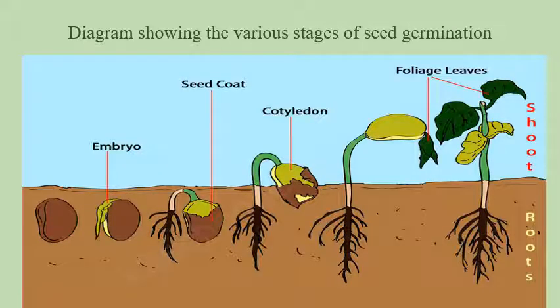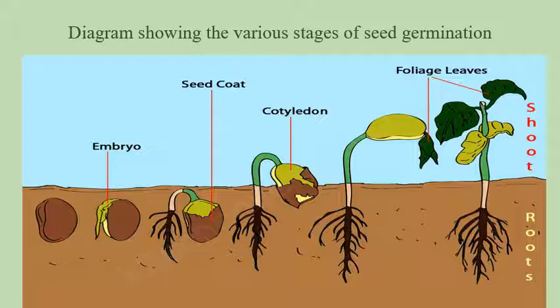This shows a diagram pertaining to the various stages of seed germination. You all can observe in this diagram that there is a seed that is sown. In the next stage, the seed absorbs water, it swells up in size, and the embryo begins to grow inside the seed.